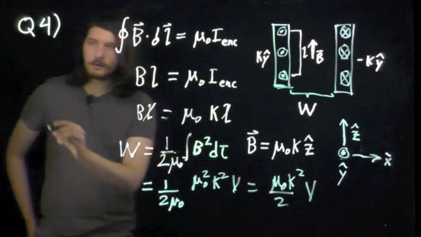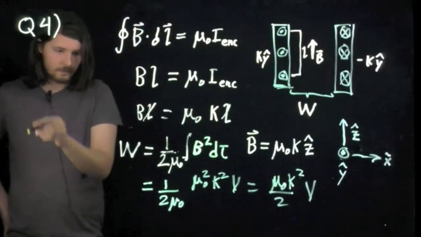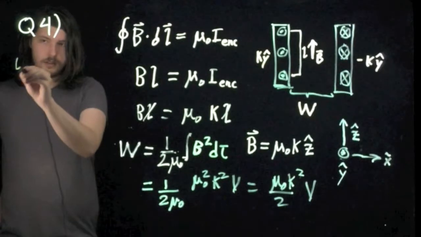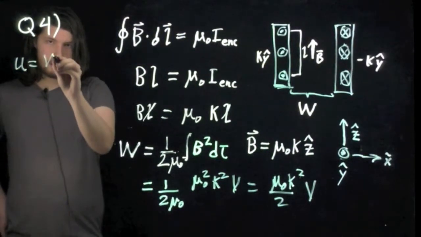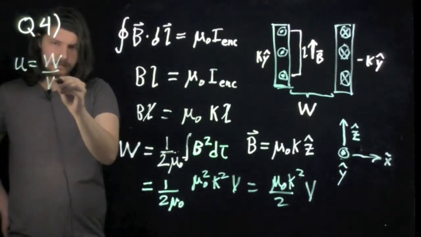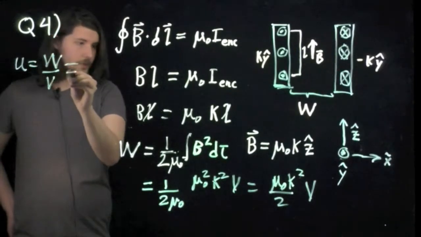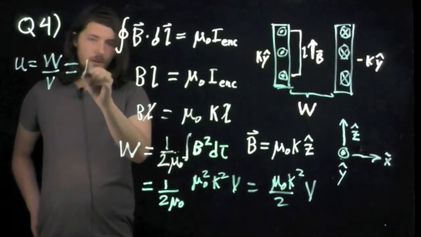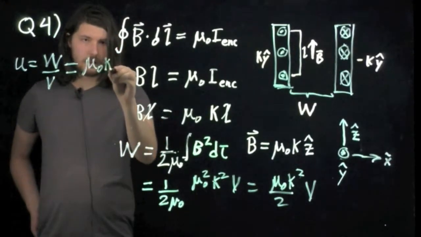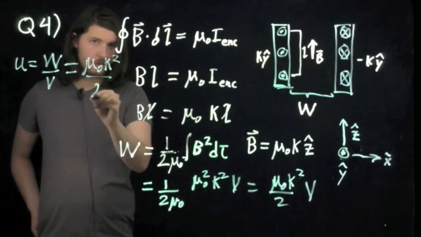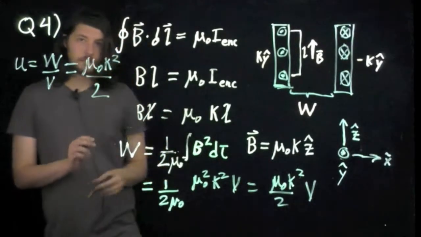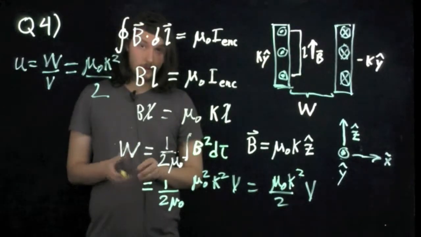And so the energy density U is equal to W over V, which is mu naught K squared over 2. And with that, that is the solution to this problem.